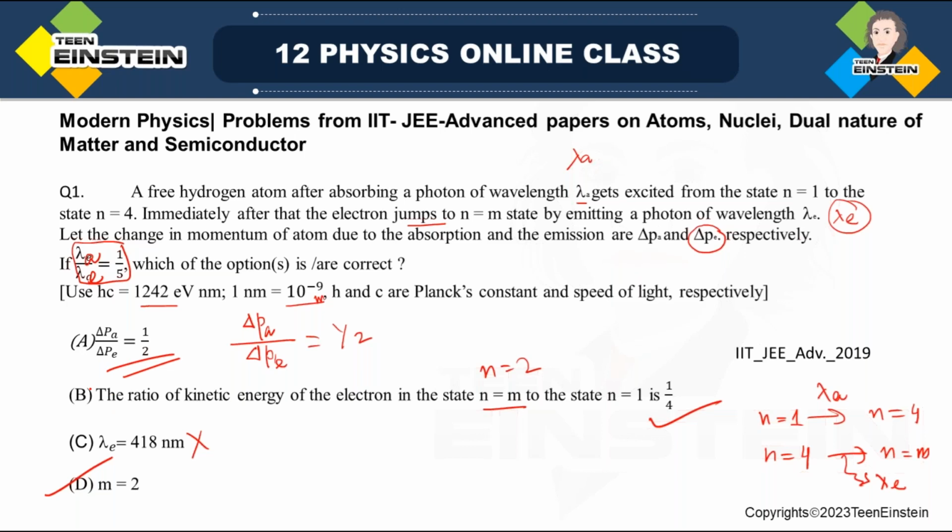Now delta p, the change in the linear momentum, has a ratio of half.